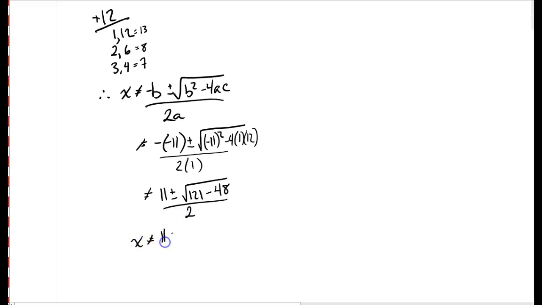And so x cannot equal 11 plus or minus, if we use our mental calculators, that should get us the square root of 73 divided by 2. There's no way of breaking that radical down into simpler terms, so I'm going to leave it just as this. So again, I've got some ugly non-permissible values, but they are non-permissible values just the same.